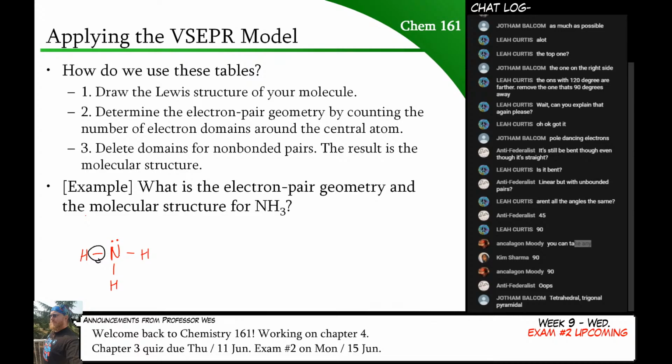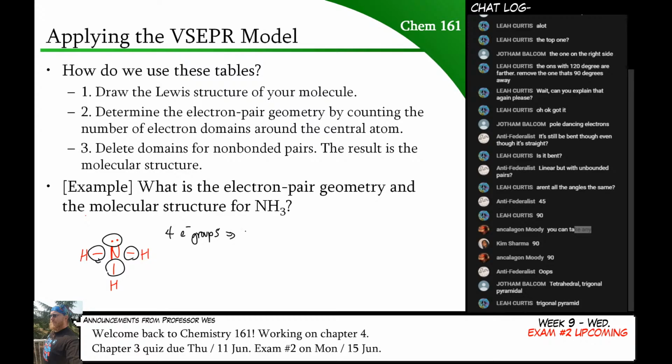That would be how many places are electrons around my atom in the center. So there are 4 electron groups. And I want to call it electron geometry. So the electron geometry is tetrahedral.